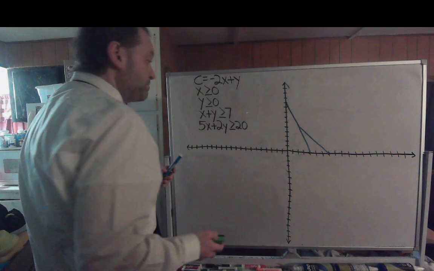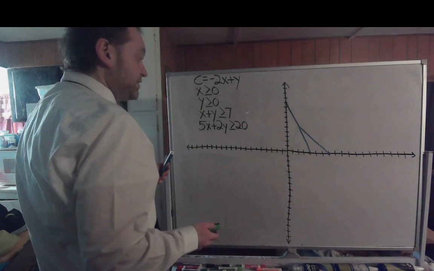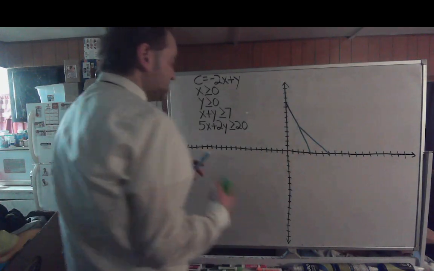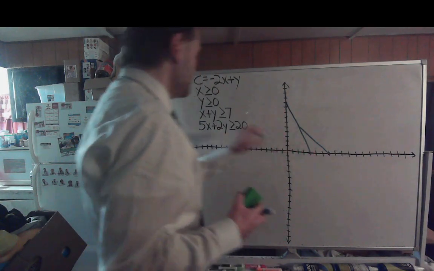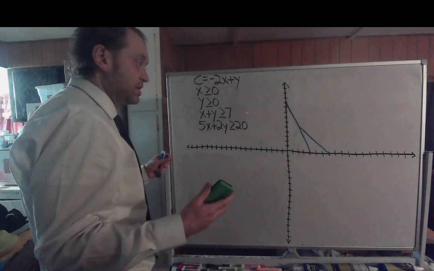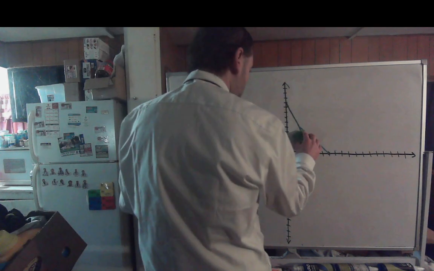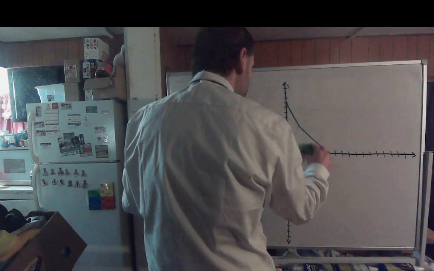And because the 5x plus 2y equals 20 line fits inside of the x plus y greater than 7, you actually don't need this portion of the 5x plus 2y equals 20 line. So yes, it is very common to get some funny shapes.